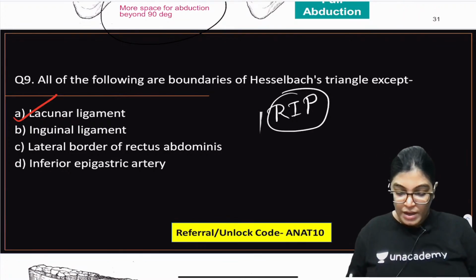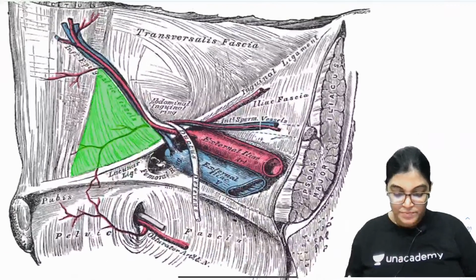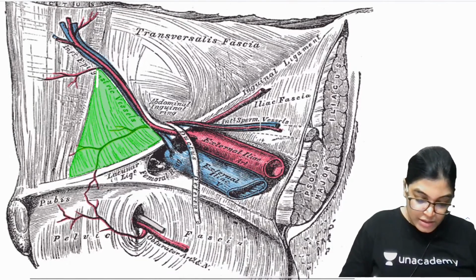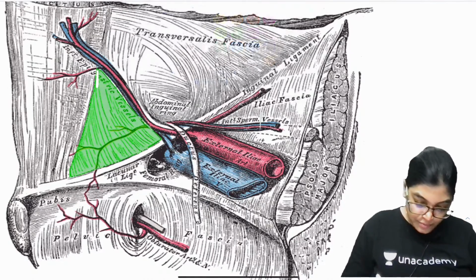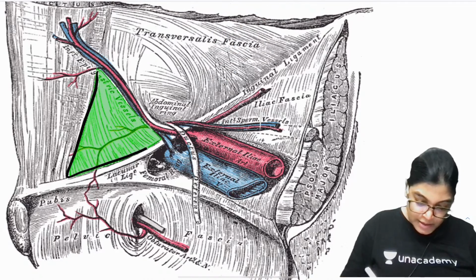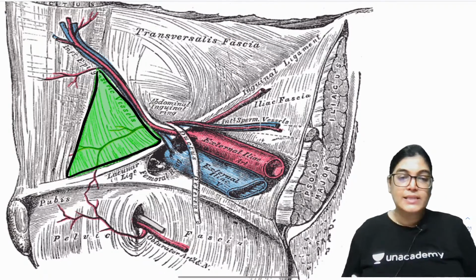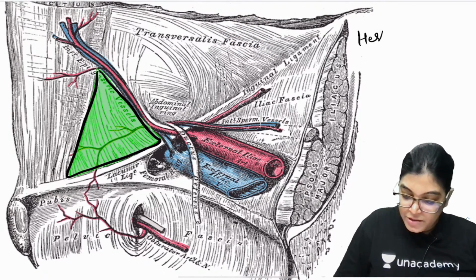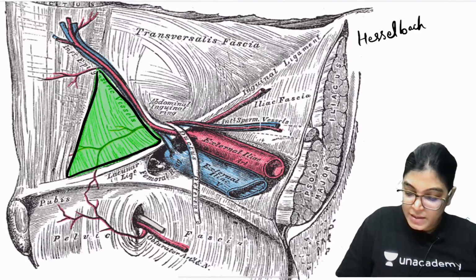So here is how you can understand, let me tell you. This triangular space which you are seeing is the Hesselbach triangle, or inguinal triangle.